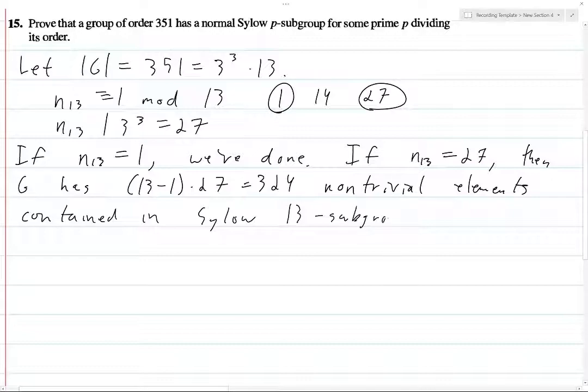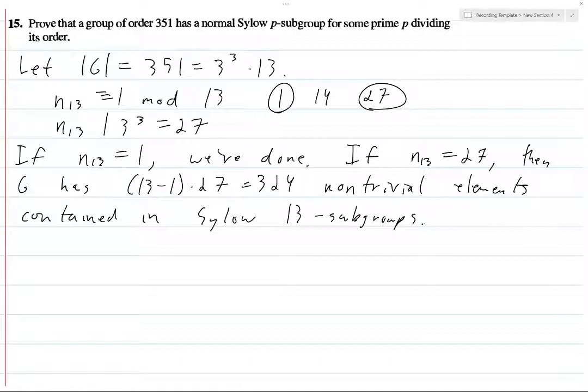And that's because if you have two Sylow p-subgroups where the orders are prime p, and you consider their intersection, the order of the intersection has to divide the order of both groups they came from. So it's a subgroup whose order must divide the prime p, and so it must have order 1 or p.